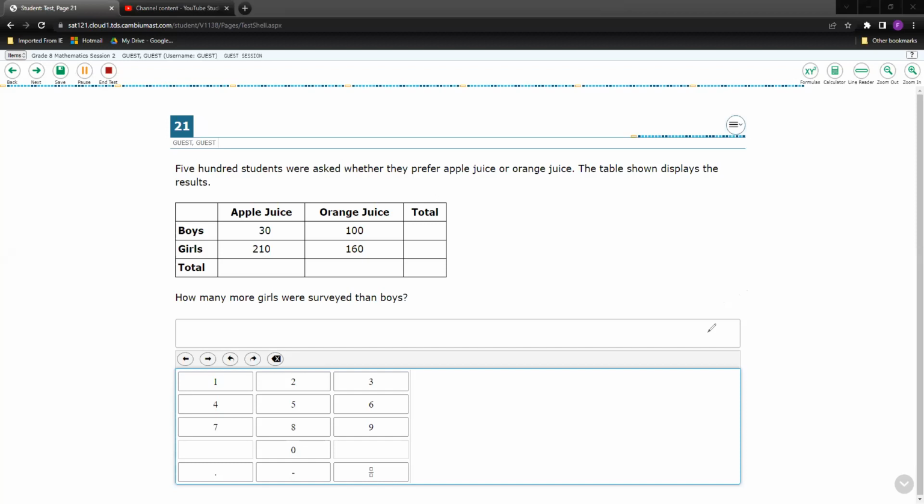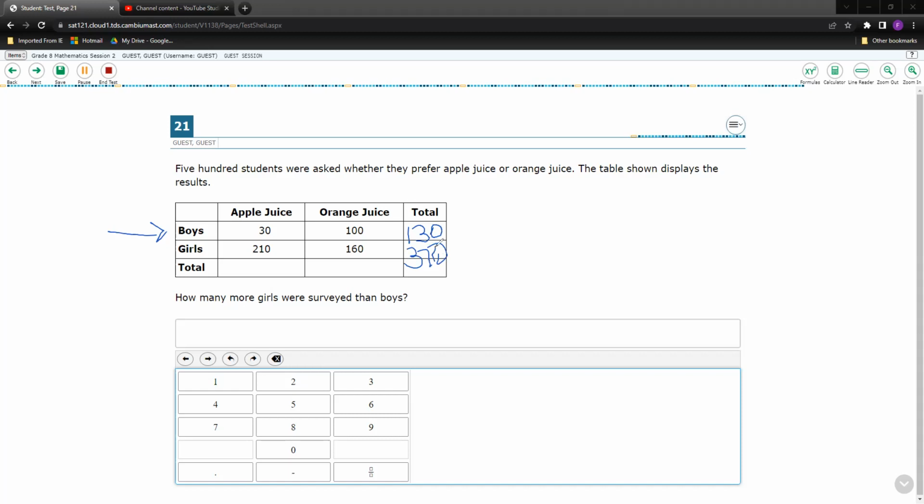So if I add 30 plus 100 along the first row, I'm going to get 130. 210 and 160 is 370. Big numbers there.